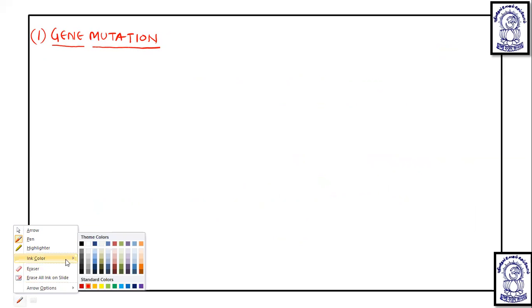So when we first talk about gene mutation, by hearing this term, we can predict that it is a mutation in the gene which is present on the DNA.